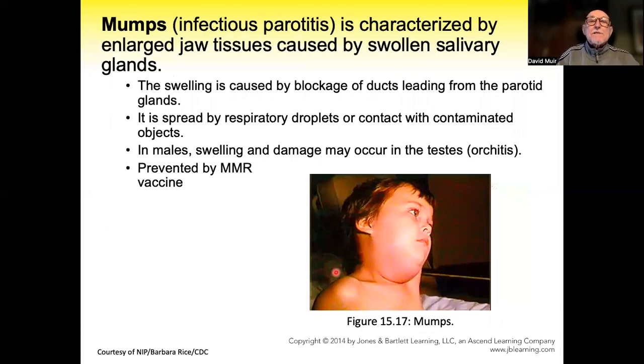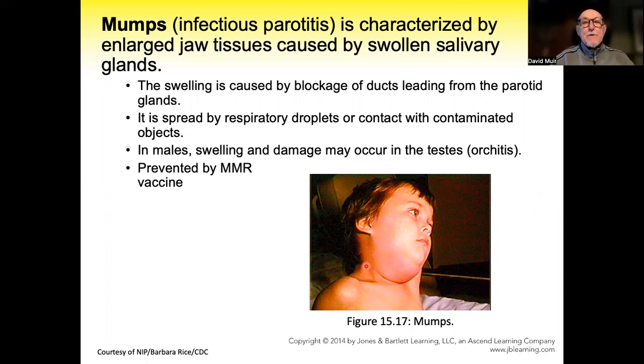So mumps is another, it's actually a somewhat allied virus, but in general mumps causes a relatively mild illness, which is characterized by these enormously swollen parotid glands, salivary glands underneath the jaw, and it produces this kind of bull neck look to people.